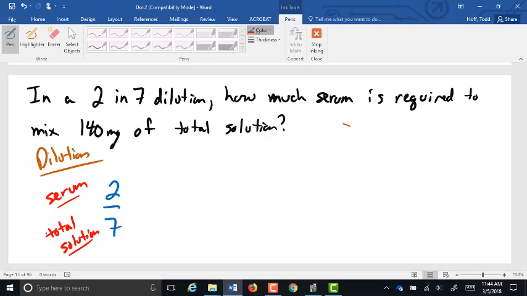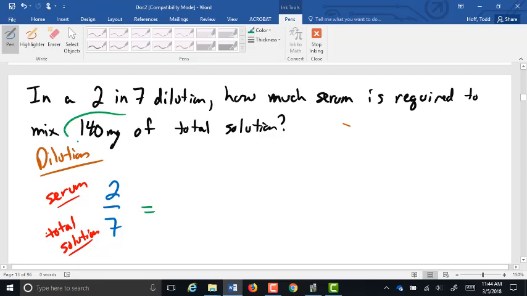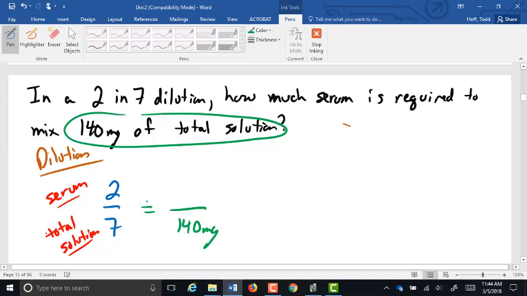Now let's look at the rest of our problem and see if that fits what we have. Well, we're given 140 milligrams of total solution. That does match with the total solution on the bottom of our proportion. Now the next big question is, this number here is the amount of serum. Is that what we are looking for?